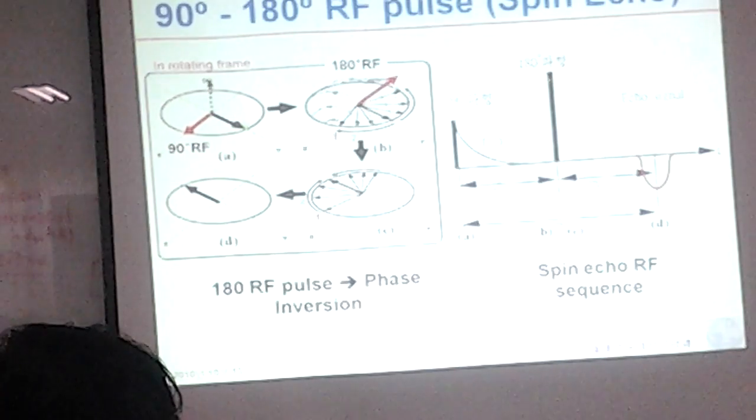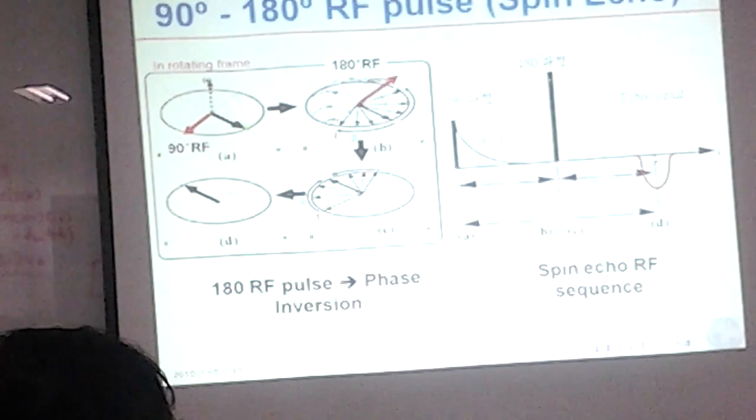So if we set the time interval between the 90-degree and 180-degree RF pulse as TE over 2, then the time interval from the 90-degree pulse to the spin echo signal peak time is TE. We call this time the echo time because the dismissed echo MR signal is regenerated here, so we call this signal the echo signal.